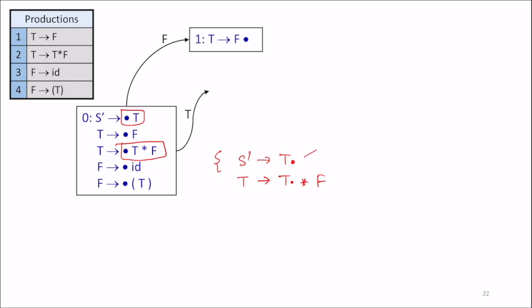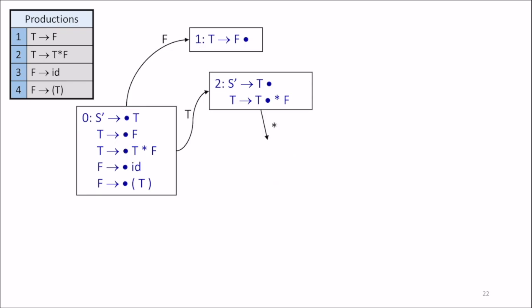The closure on the first gives nothing. The closure on the second also gives nothing because the dot is before a terminal symbol. So the state I get is just this set containing these two dotted rules. We haven't seen this set before, so we're going to give it a new number. This was state 0, this one was state 1, and this one is state 2.